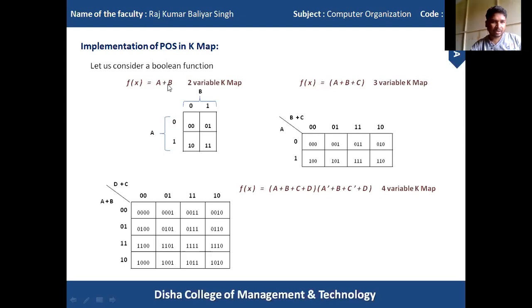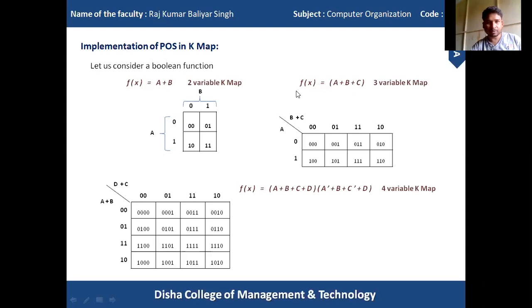Here a plus b is a Boolean function made with two variables, a and b, so we have to implement a two variable K-map. In a two variable K-map we have four cells, and all cells are adjacent to each other.